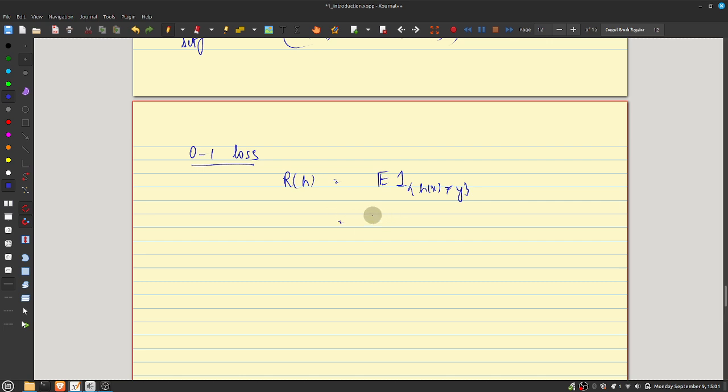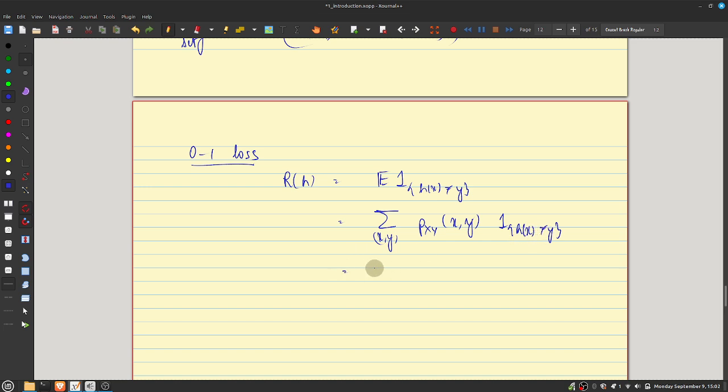Which is what? It is just summation over all possible X comma Y, Pxy of X comma Y, indicator H of X not equal to Y, right? So in other words, this takes the value 1 if H of X is not equal to Y and 0 otherwise.